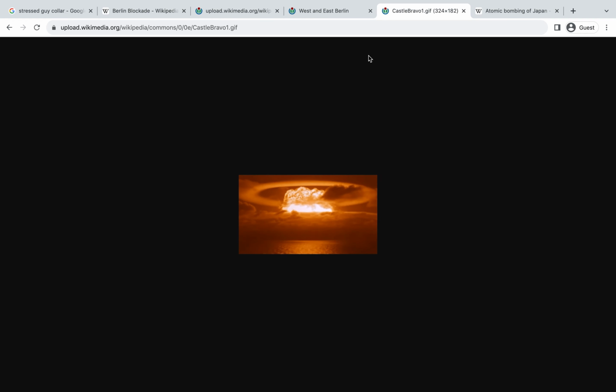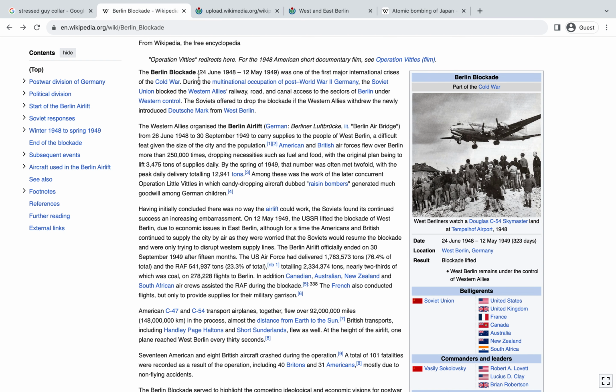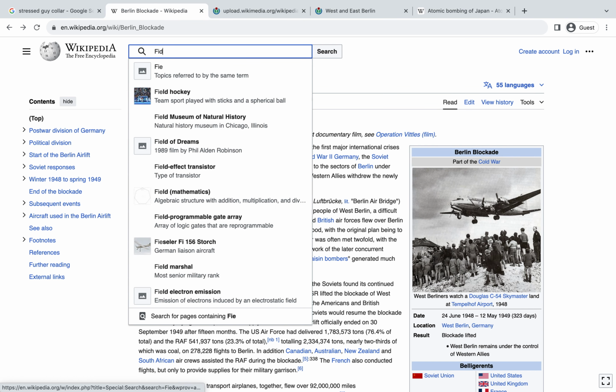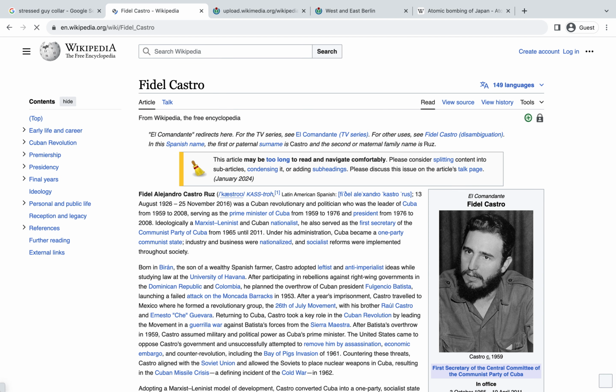So I say that just providing context for where this third event comes from. And I want you to start by getting familiar with this man, Fidel Castro. Fidel Castro is a socialist, which is communist.